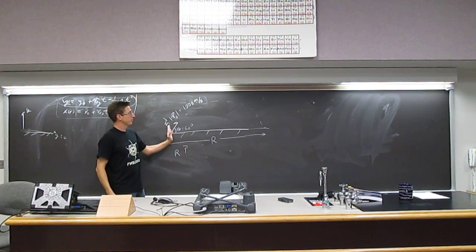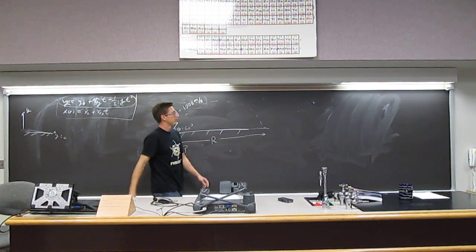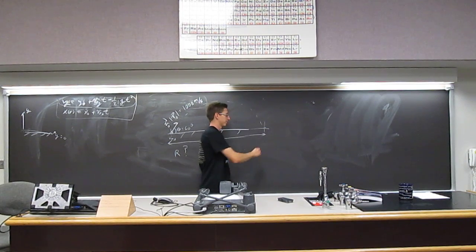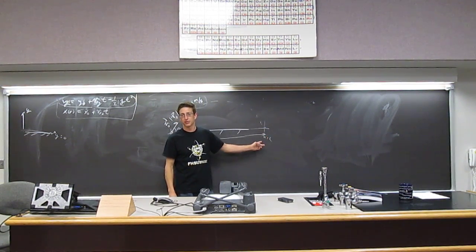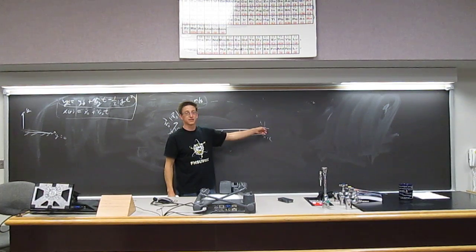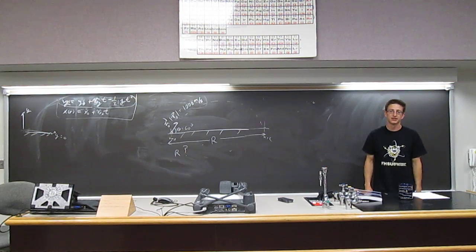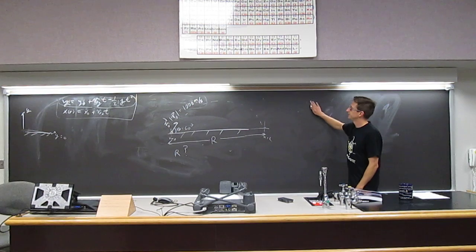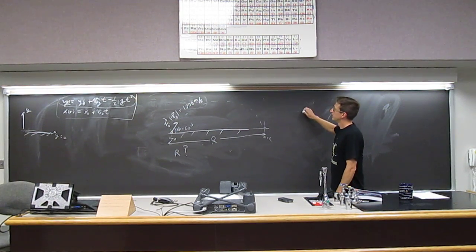So if I call this x equals 0, then when it hits the ground, this would be x equals the range. If I plug in the time where it hits the ground into the x equation, I get that x position being the range. Does that make sense? All right, that's the key step here. So let's go ahead and do that.